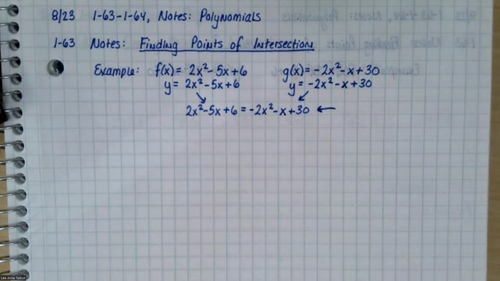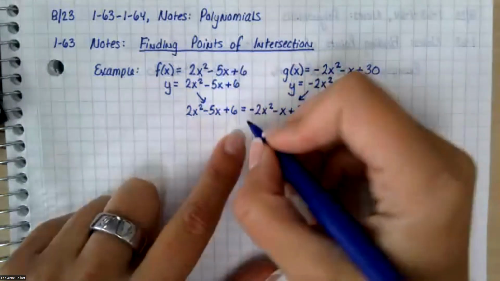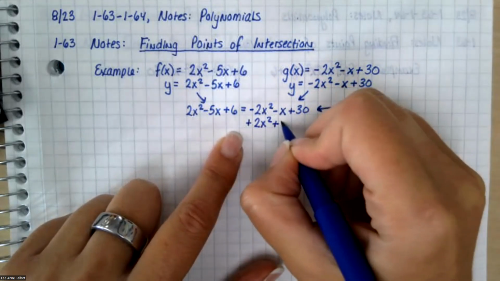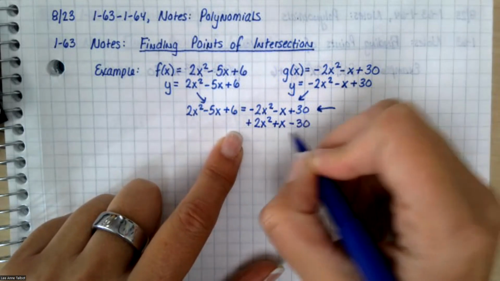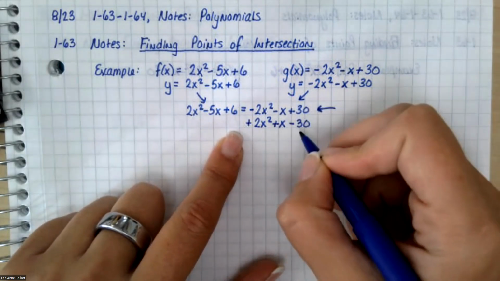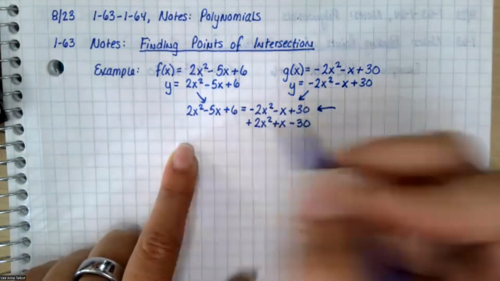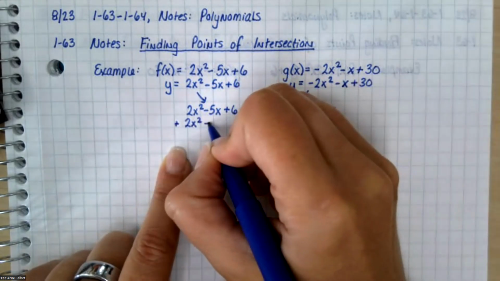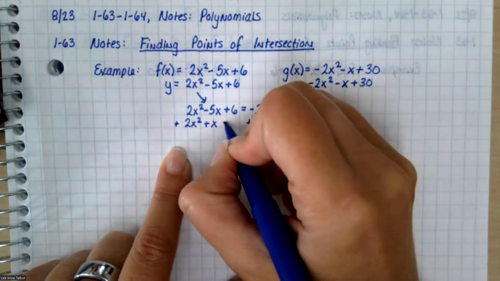If I took everything and moved it over to the right, I'd have negative 4x squared. I don't want that. I want to move everything to the left, so I have positive 4x squared. You guys see what I mean? Okay, so I'm going to go plus 2x squared plus x minus 30. Undo, undo, undo. Same thing to the other side, plus 2x squared plus x minus 30.